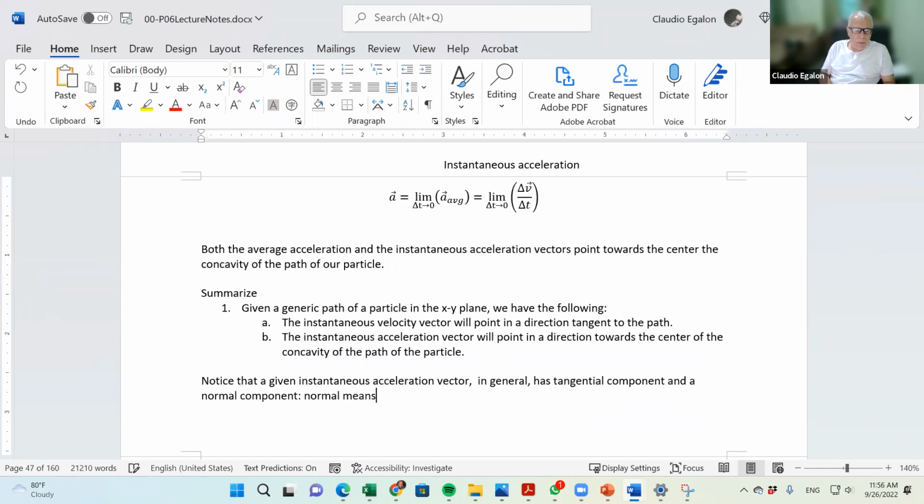Normal means a direction that is perpendicular to the tangential direction.